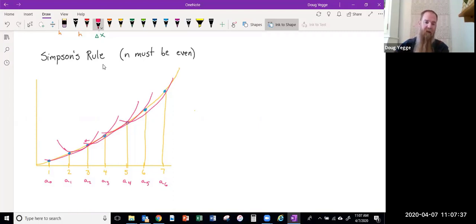So each of these middle points here, 2, 4, 6, are all going to be the middle of each of these parabolas. Okay, so if we were to look at Simpson's rule, S6, turns out that unlike the trapezoidal rule that had a coefficient of 1/2, this one has a coefficient of 1/3. Okay.